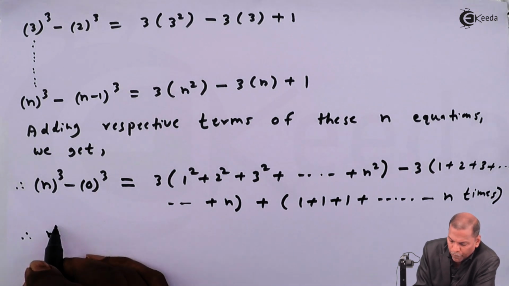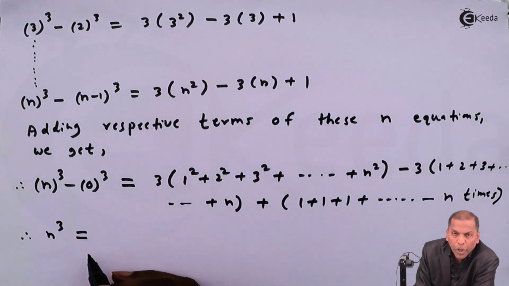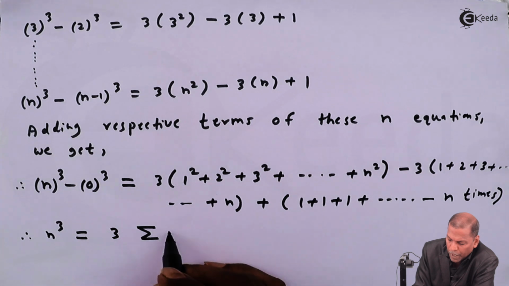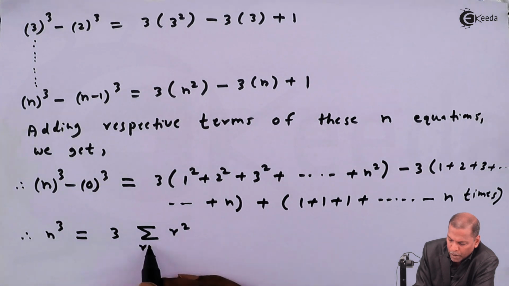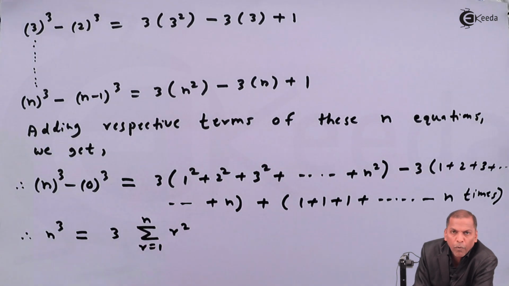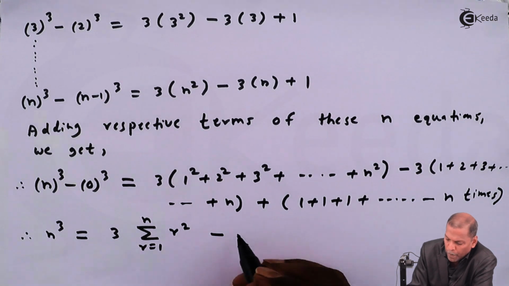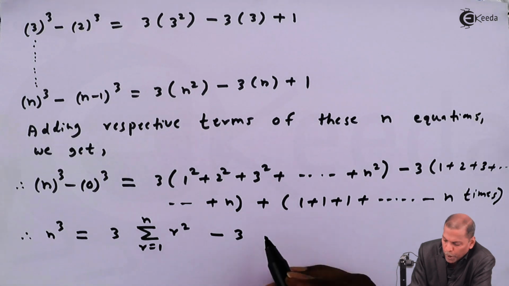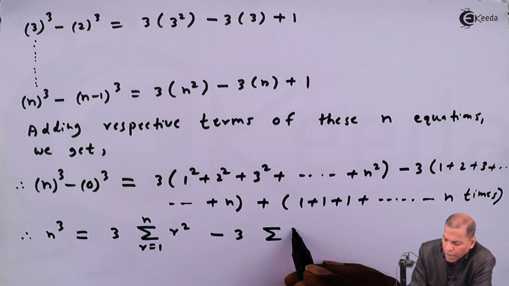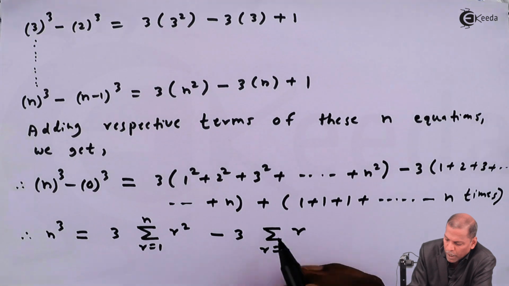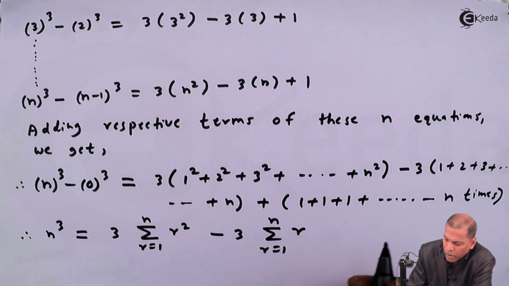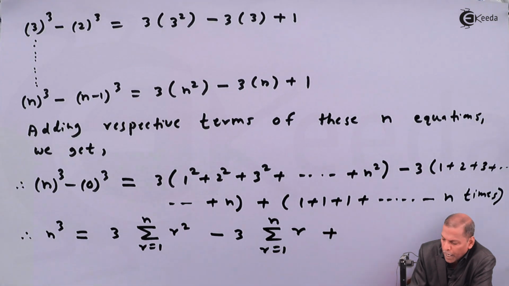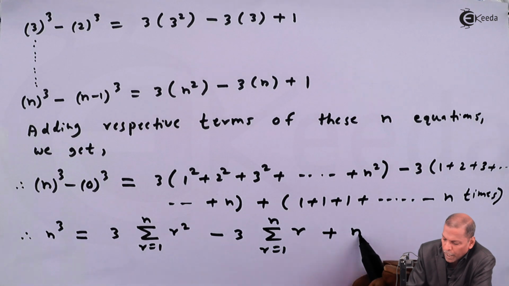So on simplifying further, we have n cube equal to 3 times summation r square, r takes value 1 to n, then minus 3 times (1 plus 2 plus 3, which can be written as summation r, r takes value 1 to n), and plus 1 plus 1 plus 1 n times, for that we write n only.